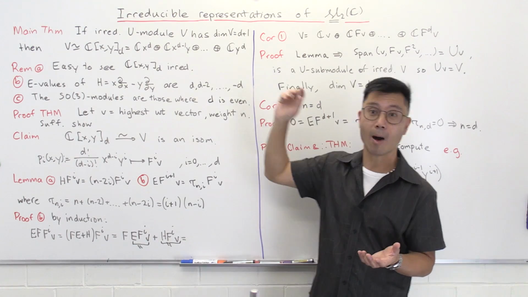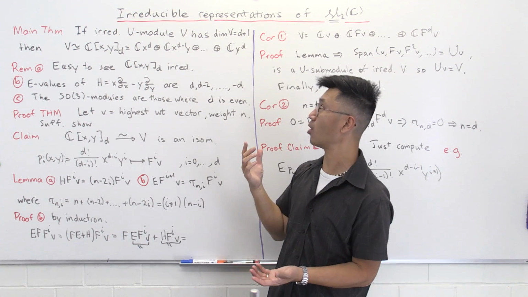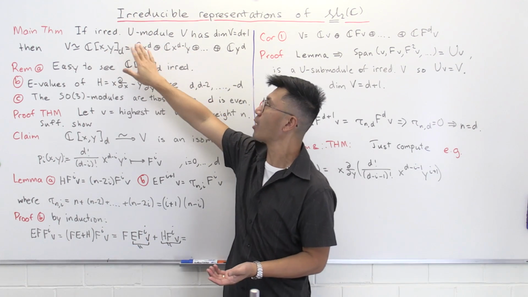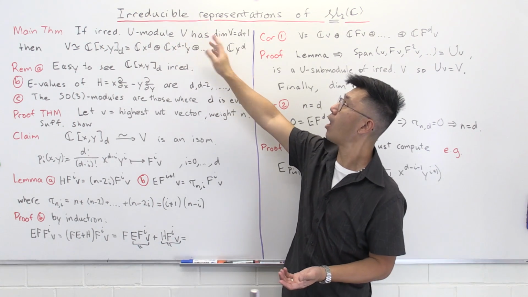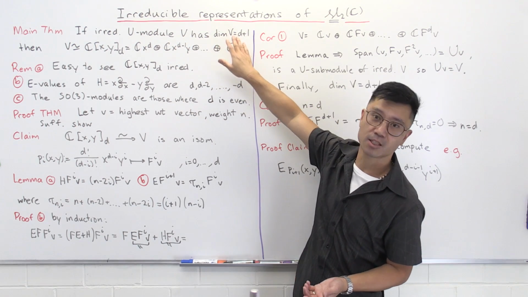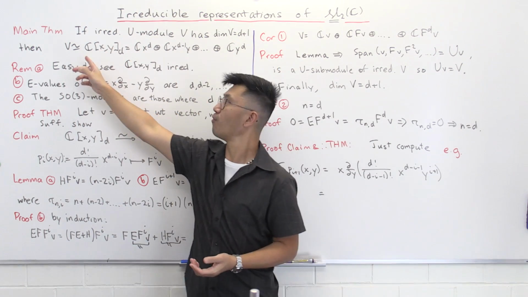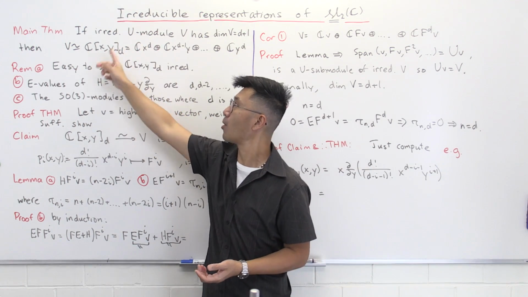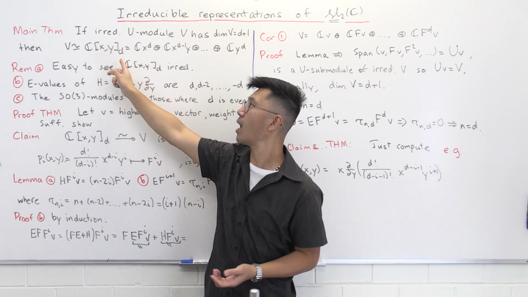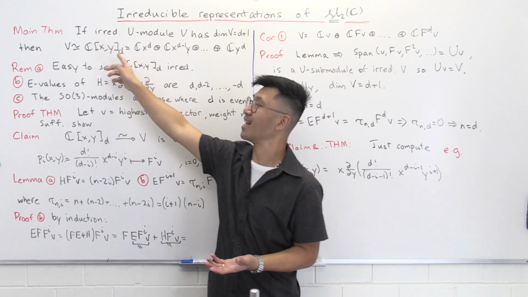So now we come to our main theorem, which classifies all the irreducible SL2C modules. Suppose we have an irreducible U module V, and the dimension of this is finite. We look at the finite dimensional ones only here, and the dimension is d plus 1. Then this module V is just C[x,y]_d, and that just means the homogeneous degree d polynomials in x and y.